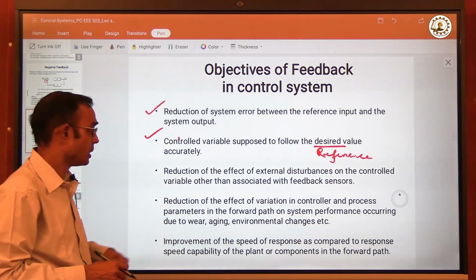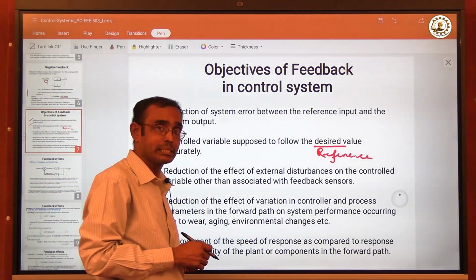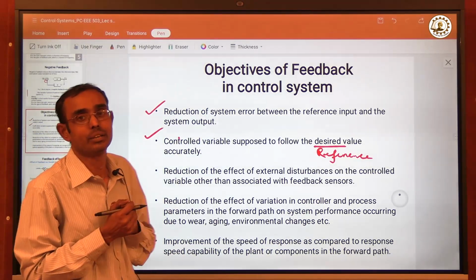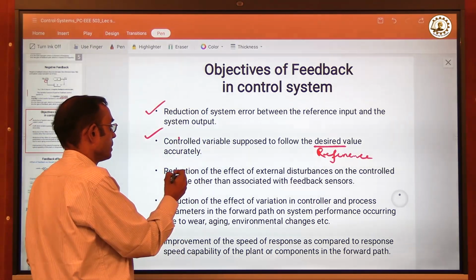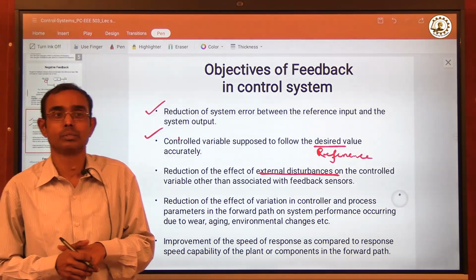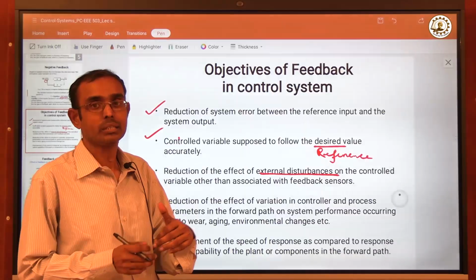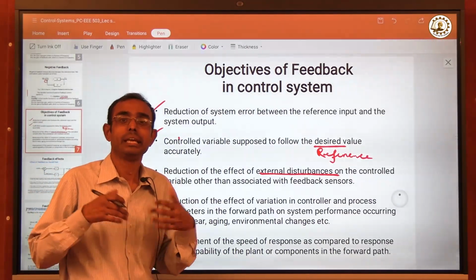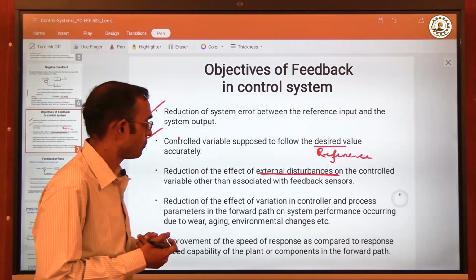Now the third one is reduction of the effect of external disturbances on the control variable, other than those associated with the feedback sensor. External disturbances may come in many forms: extraneous signals, wear and tear of the system, environmental conditions, aging of any particular component, whatever.